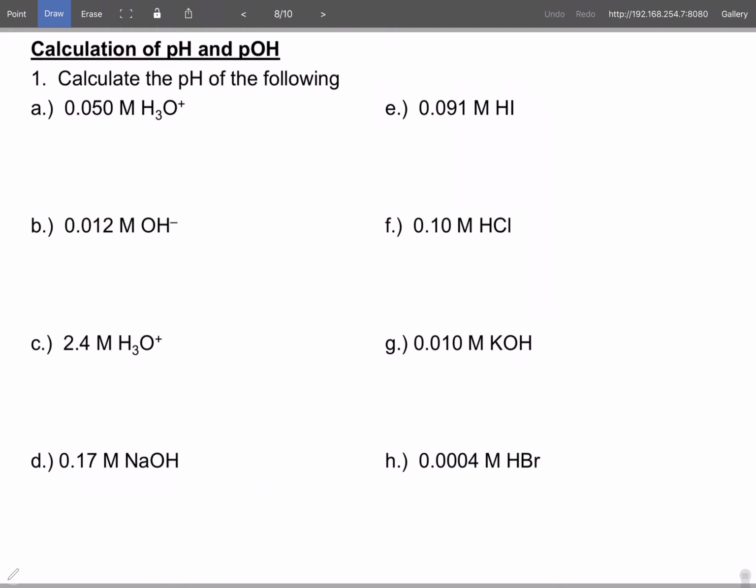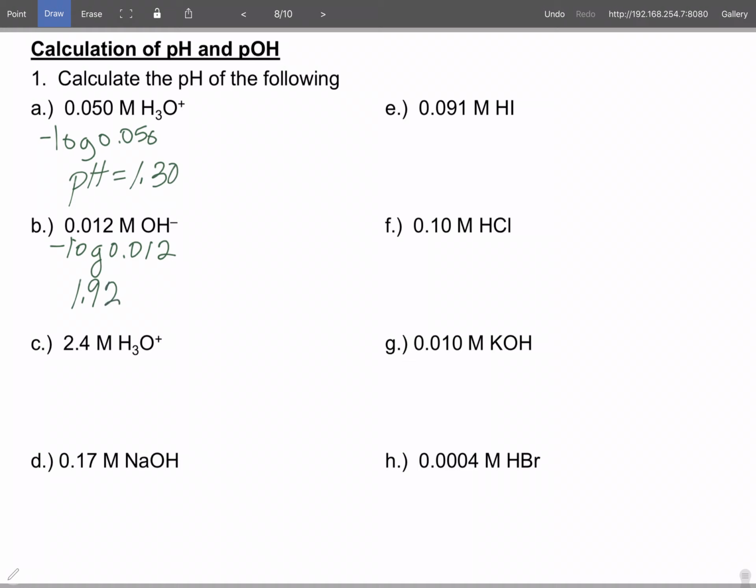So let's go through here and calculate the pH of the following. So what we're going to do is we're going to take the negative log of 0.050. What that will give us is a pH of 1.30. So let's go to the next one. We're going to take the negative log of 0.012, and so we're going to get 1.92.